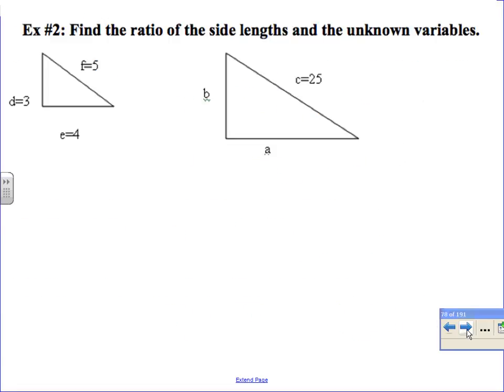I'm going to do 2 more examples with you. Okay, example 2, it says, find the ratio of the side lengths and the unknown variables. So we know these figures are similar, okay? What is the scale factor going from here to here? So what's the scale factor, Briar, going from here to here? Awesome. So whenever I want to write down scale factor, times 5.